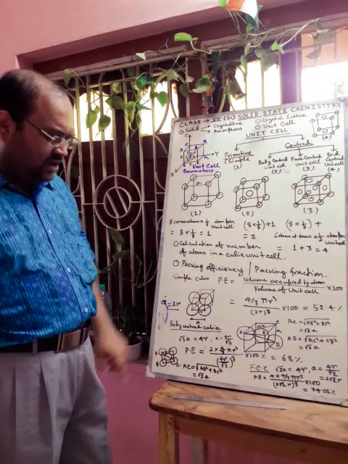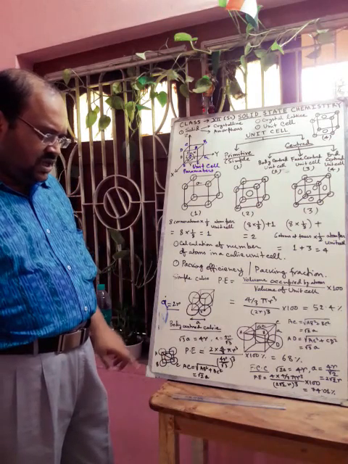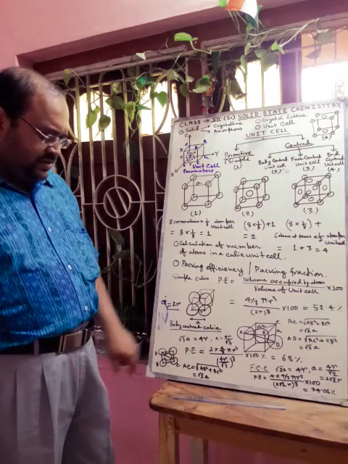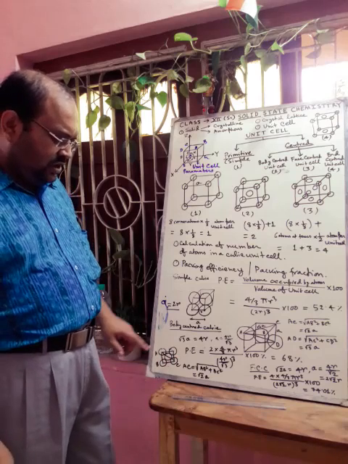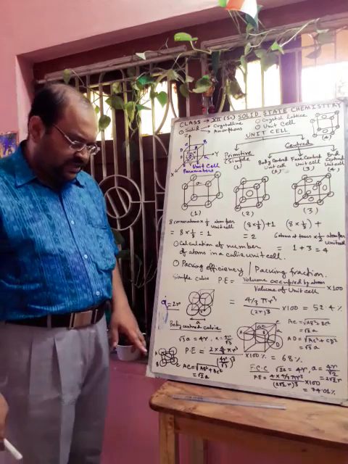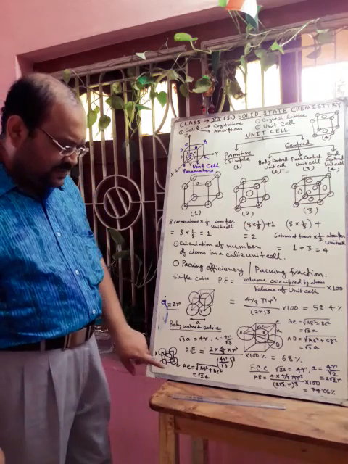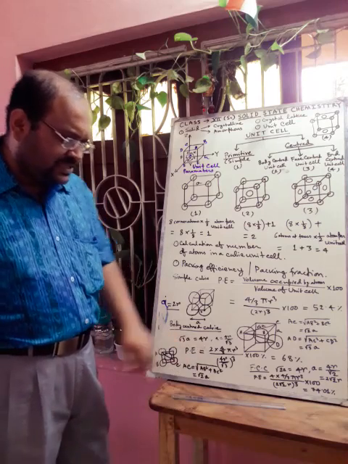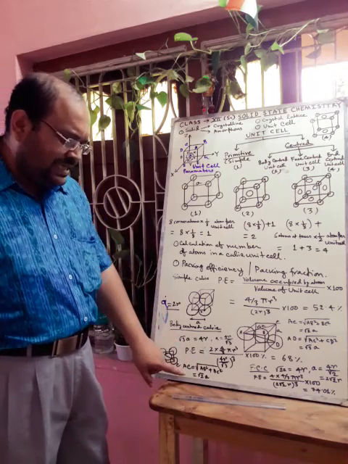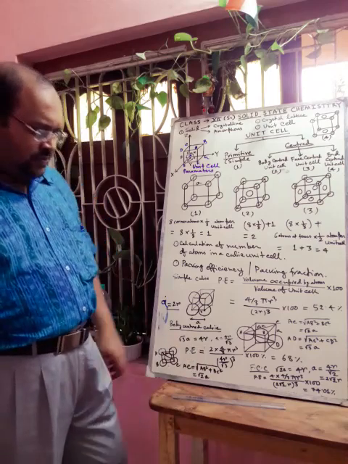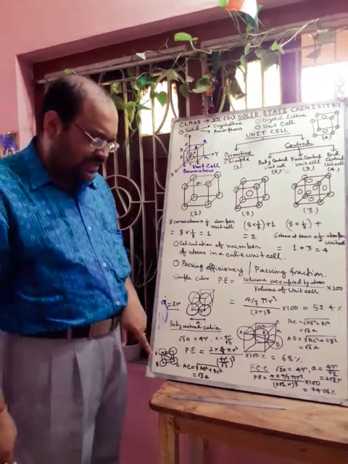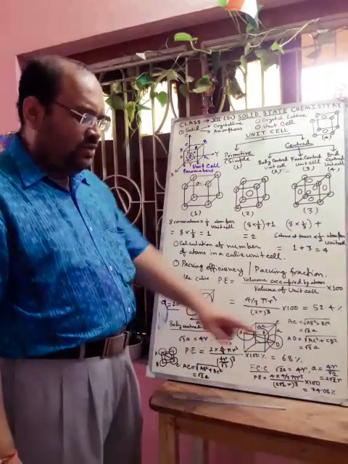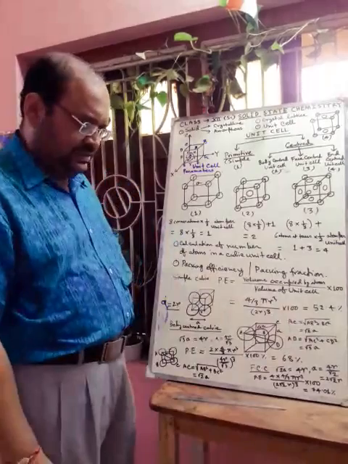So here AC is equal to 4r. Now in this case, AB and BC are both a. If we apply the Pythagoras theorem, then AB square plus BC square is equal to AC square. So AC is equal to root over AB square plus BC square, so AC is equal to root 2 a. From here we can tell that root 2 a is equal to 4r. So a is equal to 4r by root 2, that will be equal to 2 root 2 r.